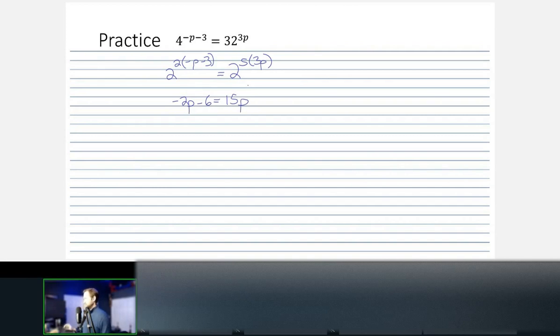I'm going to add 2p to both sides. The reason I did that is because I wanted to keep my p positive, and it looked like I would have to perform less steps. So it looks like -6/17 is equal to p. And yeah, that's what Lonnie got too. I agree. Fun stuff, right?